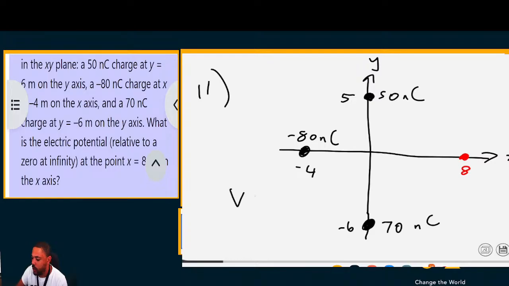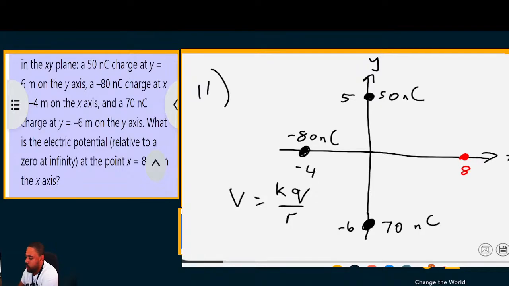V, this is the electric potential formula, is equal to K times the charge over R. Do not confuse it by squaring this. If you square this, it's no longer electric potential, it becomes electric field at that point. So do not square it in this case.